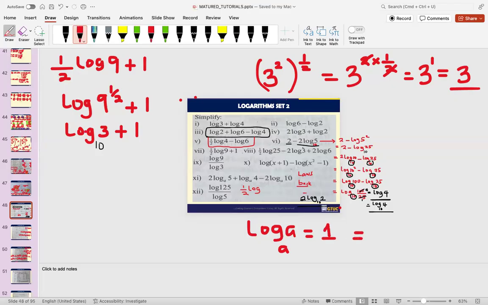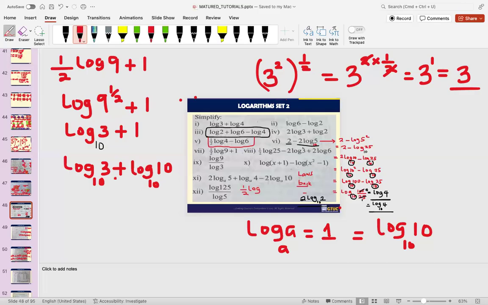Therefore, if we are working in log base 10, we can write this one as log 10, 10, which will still give us the 1. So we replace it, and then it becomes log 10, 3 plus log 10, 10.